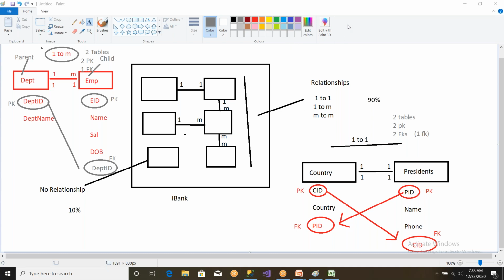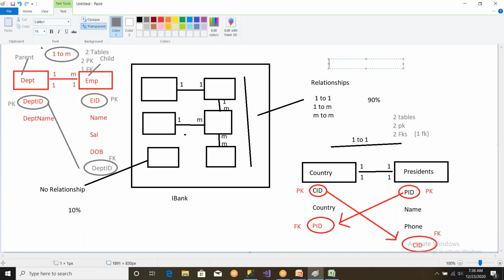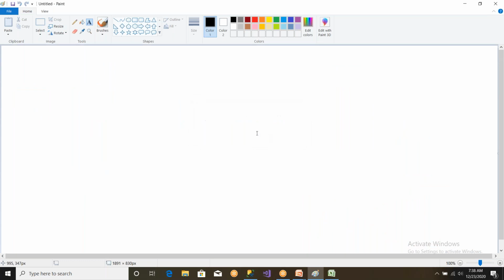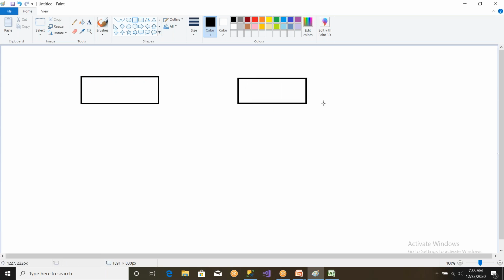Now I wanted to maintain many to many. So I told you, right? Many to many means, for example, one patient and a doctor, or one student and a teacher. So a lot of attributes are available.